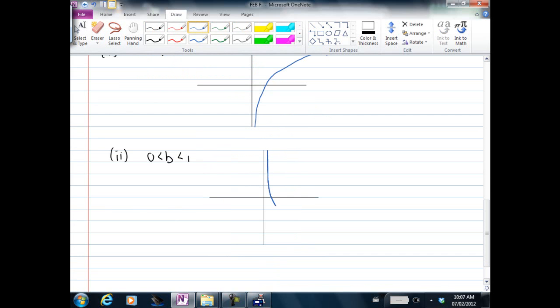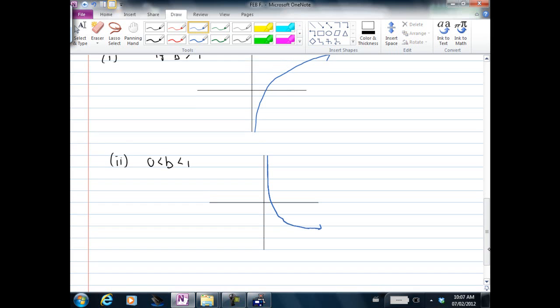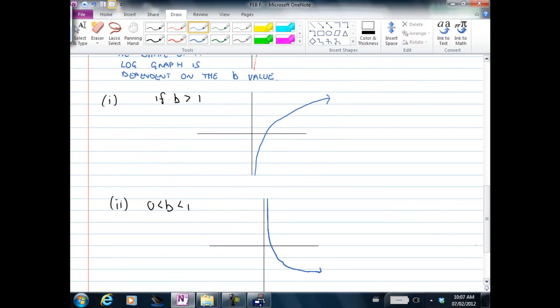It kind of flips it. So guys, really, the shape of the graph is dependent on one thing: what is the b value? That's all it's really dependent on. If b is larger than 1, you start from down and then you go up. If b is between 0 and 1, you start from up and go all the way down. Very nice. Keep it simple.